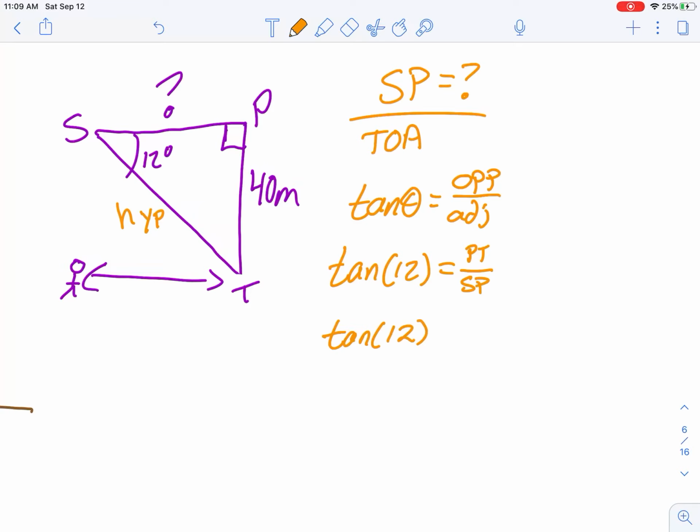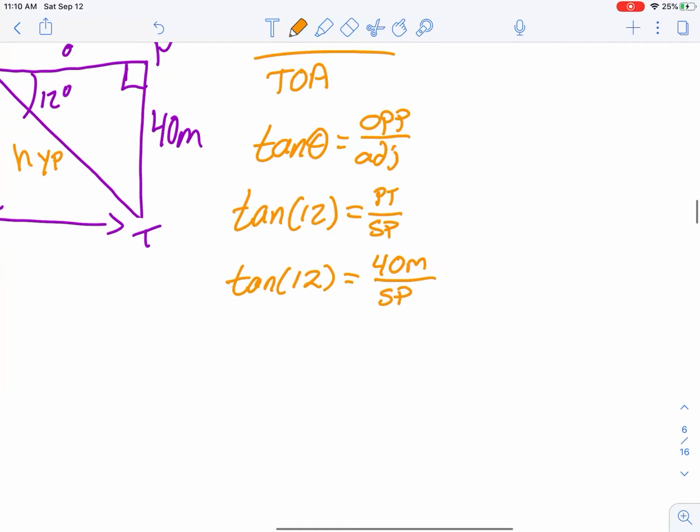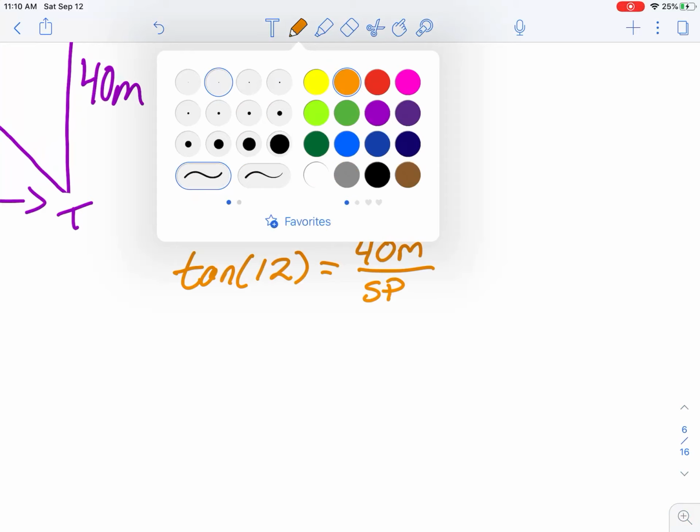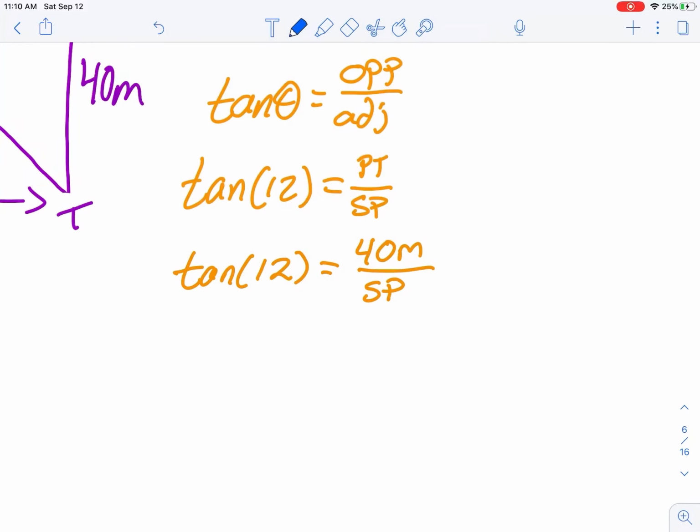Okay, and let's plug in our numbers and then solve. So PT is 40 meters. SP is our question, so SP. And now we can solve for how far this is.